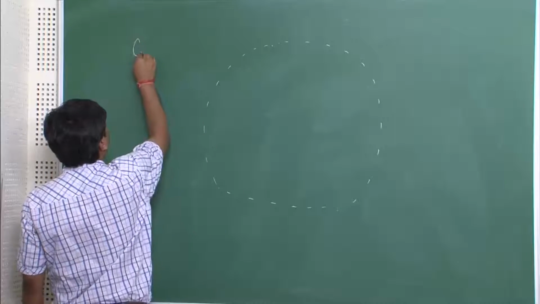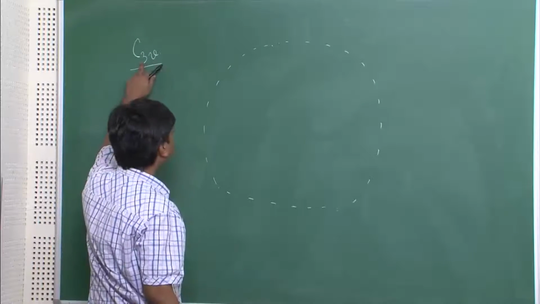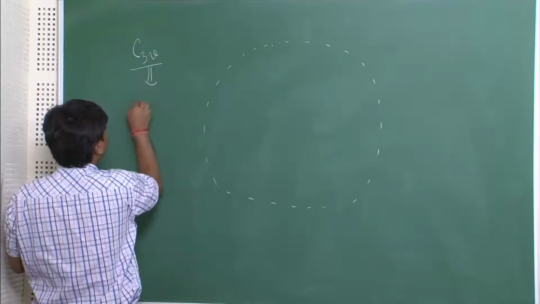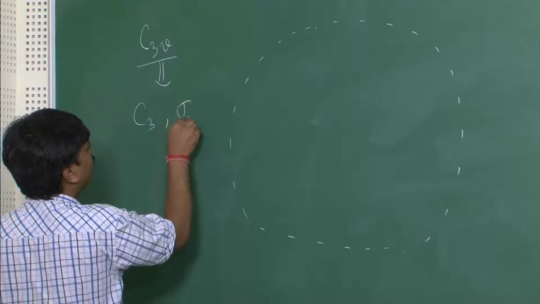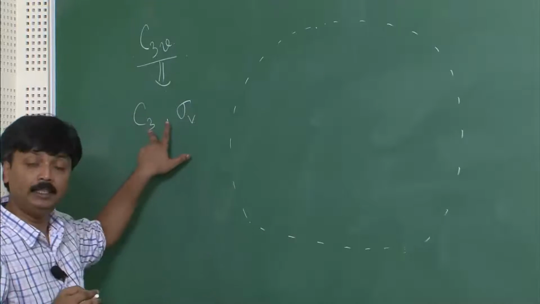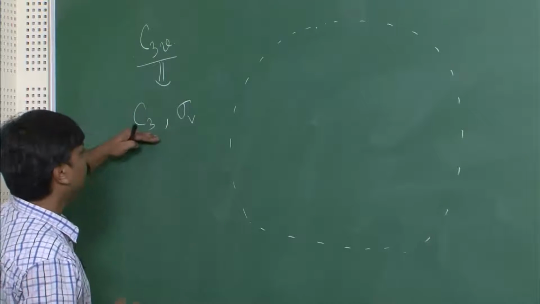C3 is the principal axis. So, what I know from this is that I have a C3 axis and a sigma v plane, and we have already learned that for C3 there must be 3 sigma v planes. So, I already know that. Now, I will start from here.